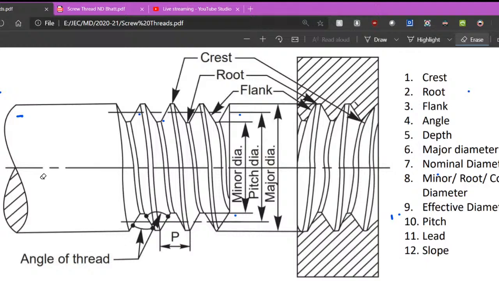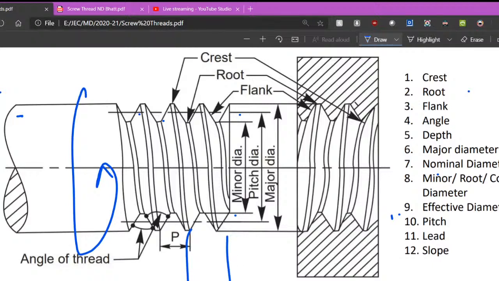Next is lead. What is lead? When we turn the screw thread one complete revolution and measure the axial travel of the screw thread, that measurement is known as the lead of the screw thread. You rotate it by one revolution and see in which direction the screw thread is moving. If it is moving in this direction, measure that length, and that is your lead.